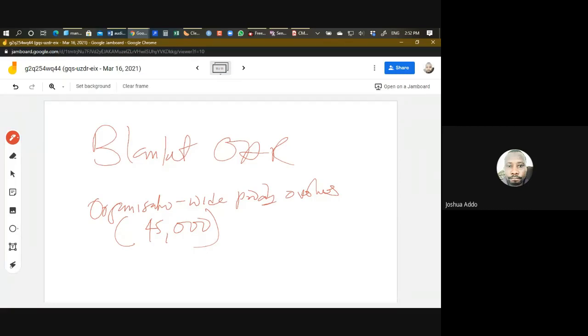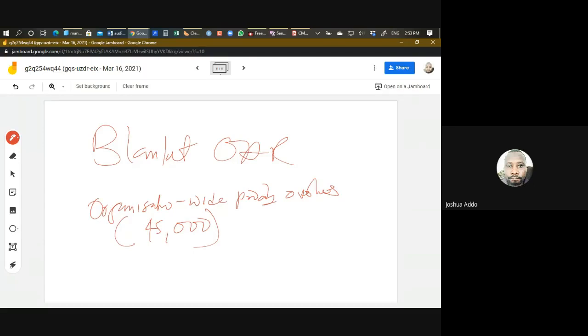If we decide the basis to be labor hours, we use total labor hours; if machine hours, we use machine hours. So for the blanket rate, we have to determine one basis, which we think largely drives the incurrence of the overhead costs.